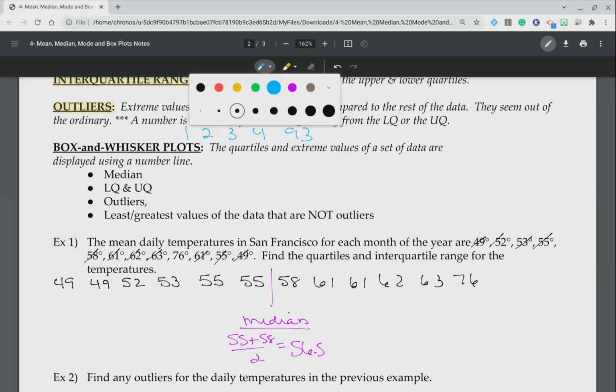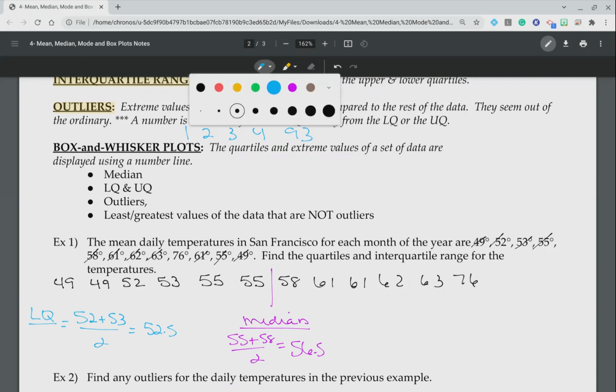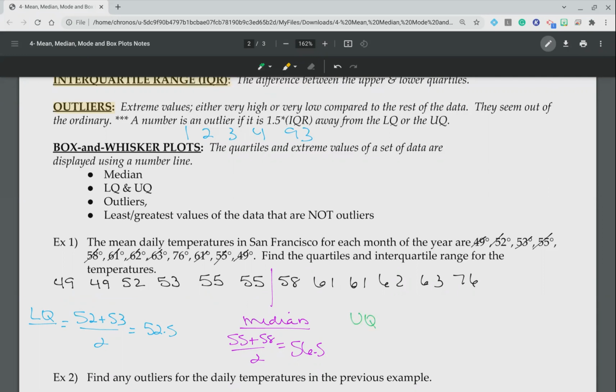Okay, then we're going to look for the lower quartile and the upper quartile. So remember the lower quartile is the median of the bottom half of the data. So again, I'm going to do this and I get two numbers in the middle. So I'm going to find the average of them. And I get my lower quartile to be 52.5. And then I'm going to do the same thing for my upper quartile. Find the median. Same thing.